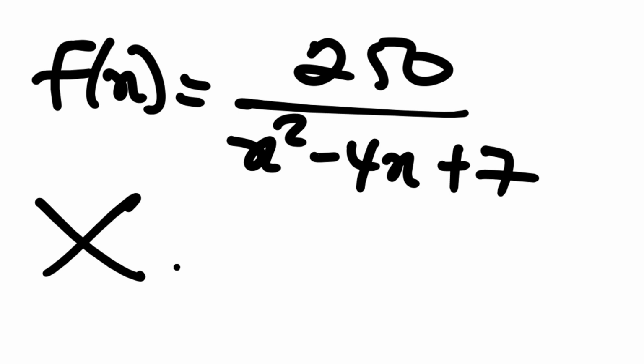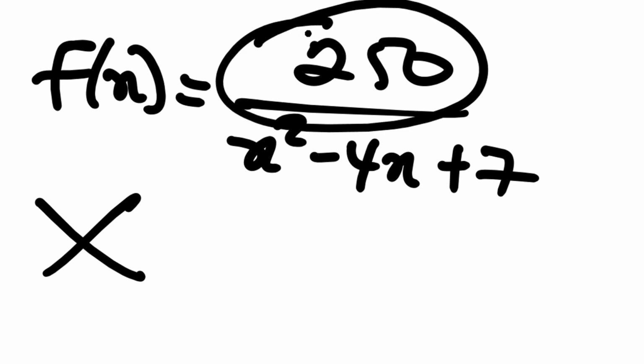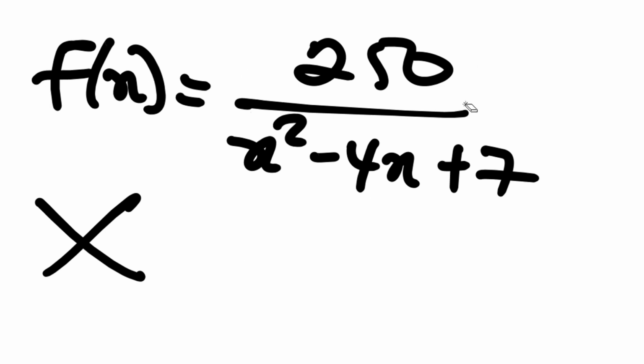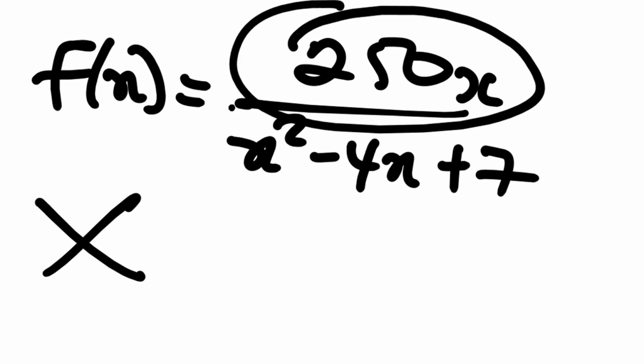Why? Because the numerator does not have the expression. But if I have something like 250x, then you can find the zero of the function, because the numerator is now having an expression of the independent variable. But the denominator, if you just wanted to focus on whether the function is a rational function, then you focus on the denominator.